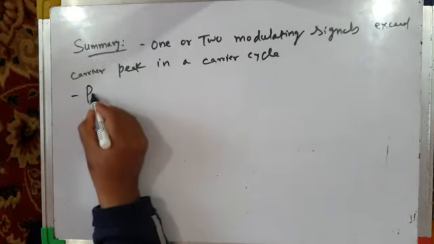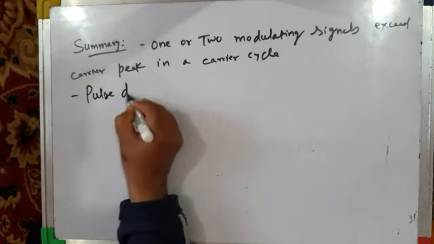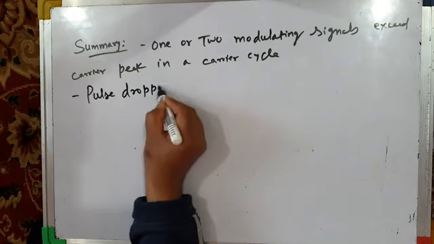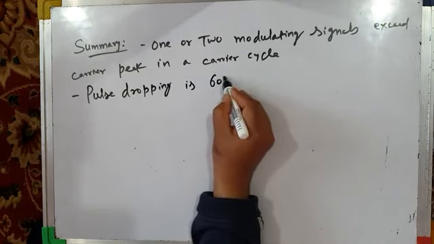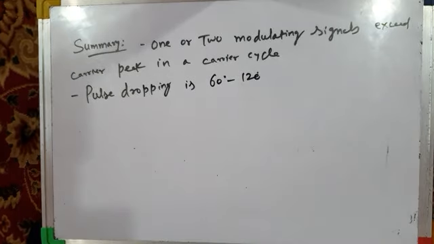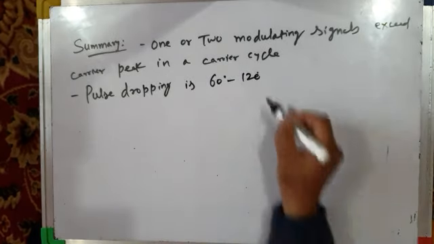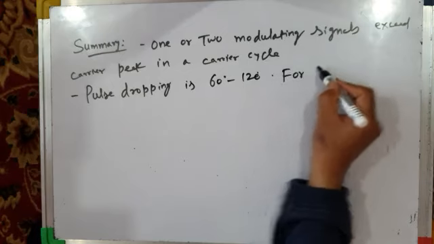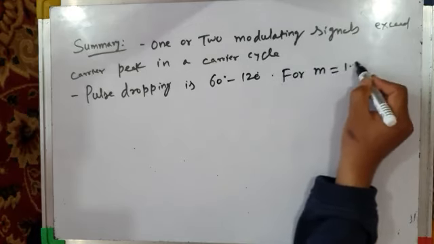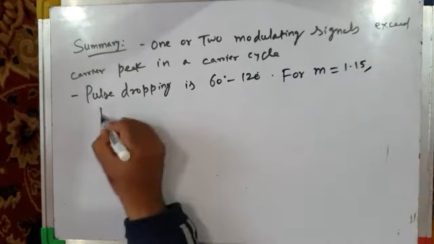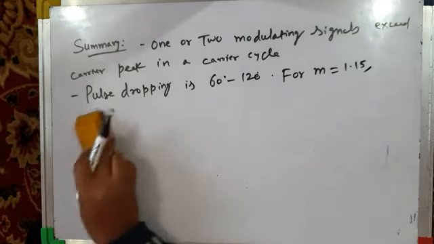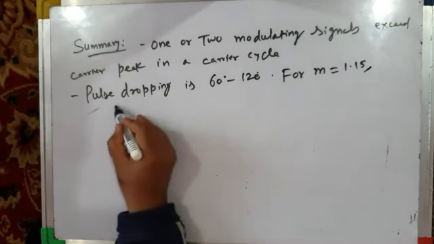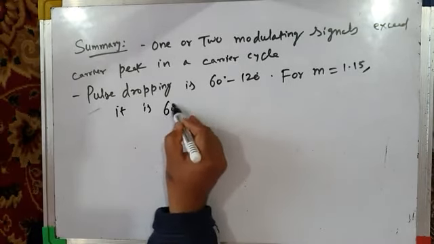Second is pulse dropping interval is 60 degrees to 120 degrees. Pulse dropping interval is from 60 degrees to 120 degrees. For example, for modulation index equal to 1.15, the pulse dropping interval is 60 degrees.